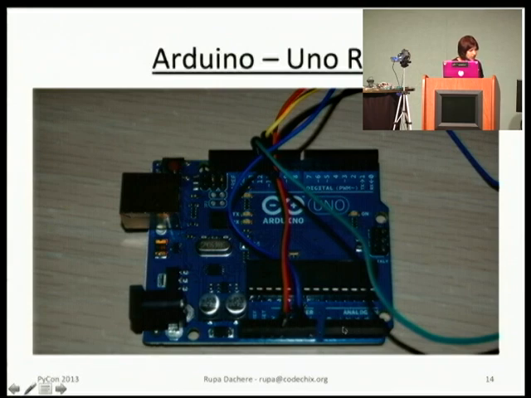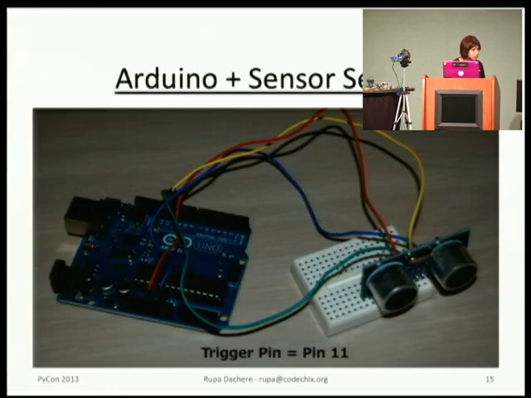Down on the bottom right are the analog pins, and to the left of it is power and ground. And this black thing here is the independent power supply for the Arduino. And this is my setup with the proximity sensor. The yellow wire is the echo pin, the green wire is the trigger pin, the blue wire is ground, and the red is power.